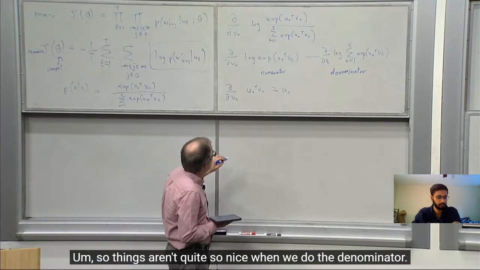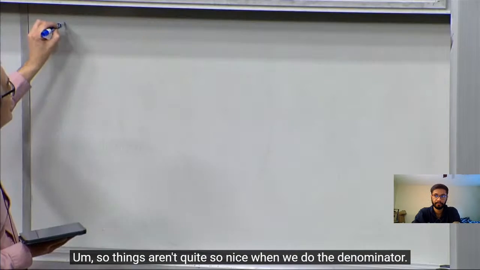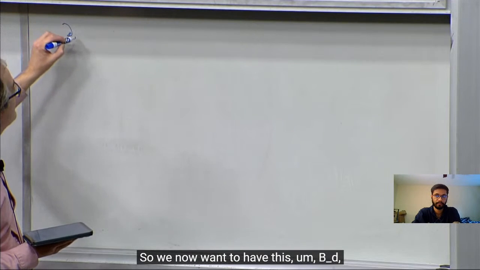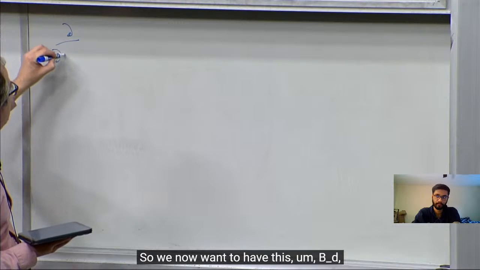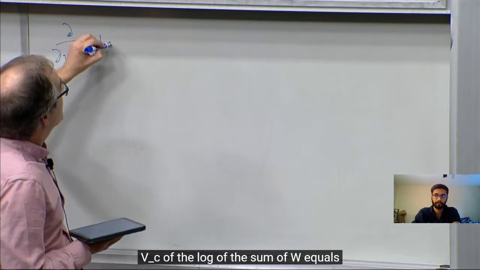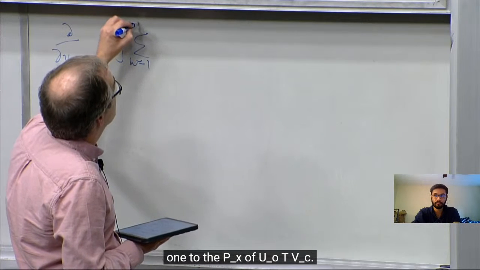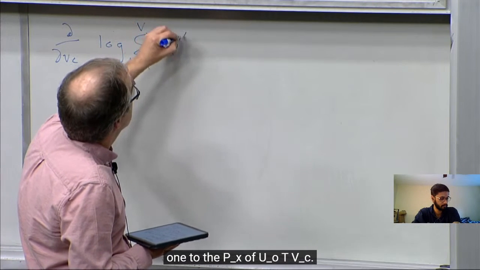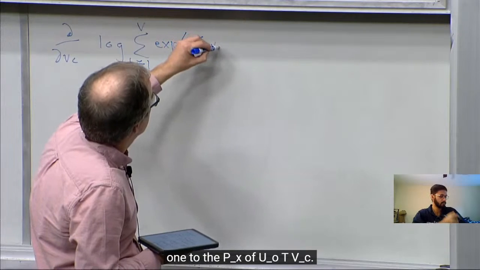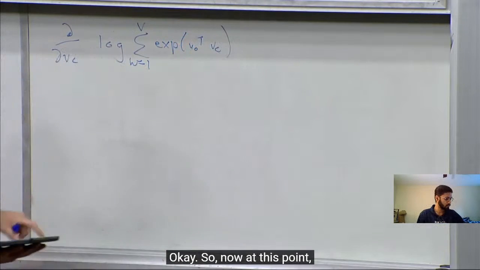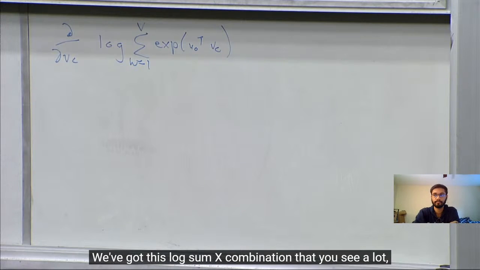So things aren't quite so nice when we do the denominator. We now want d/dvc of the log of the sum of w equals 1 to v of the exp of uo transpose vc. Okay, so now, not quite so pretty. We've got this log-sum-exp combination that you see a lot.